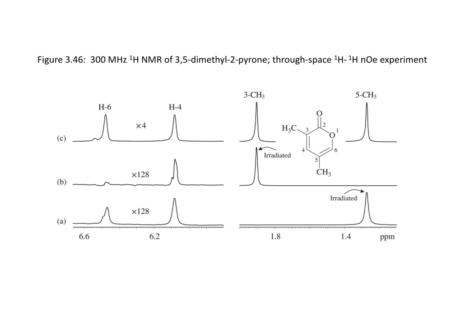This chapter concludes with a brief discussion of through-space nuclear Overhauser enhancement experiments. We will revisit this later with proton-proton nuclear Overhauser enhancement correlation spectroscopy, but I will briefly show how we can assign the methyl groups correlating with the assigned hydrogens.